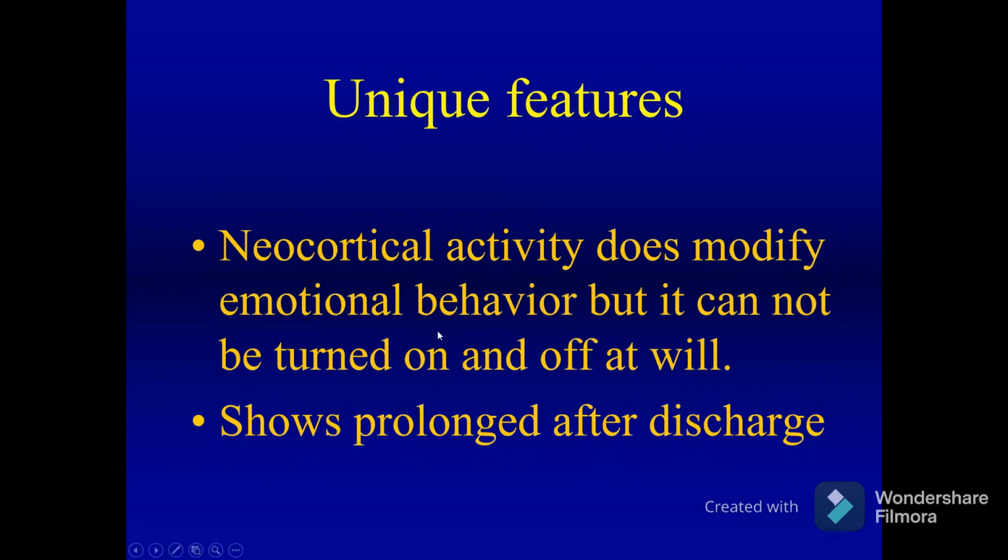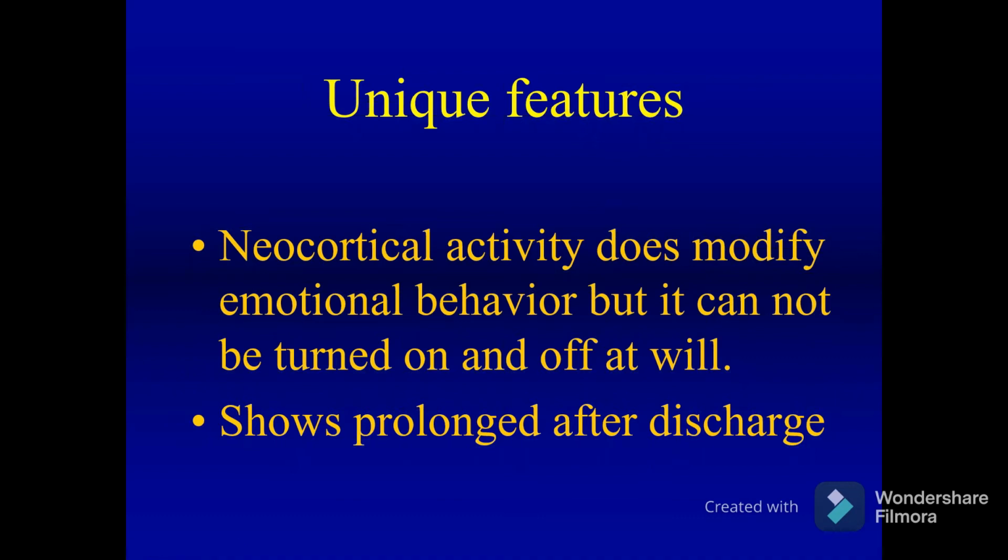The neocortical activity does modify emotional behavior, but it cannot be turned on and off at will. By saying this, the cortex can modify the emotional behavior, but it cannot turn the emotion on and off.